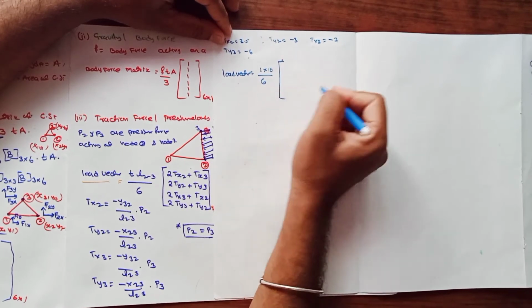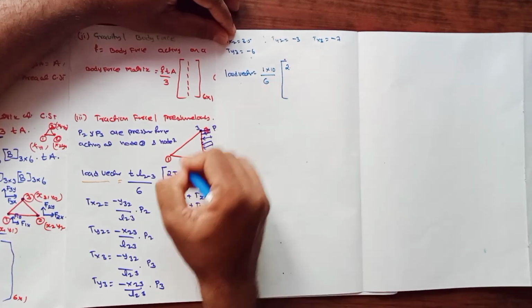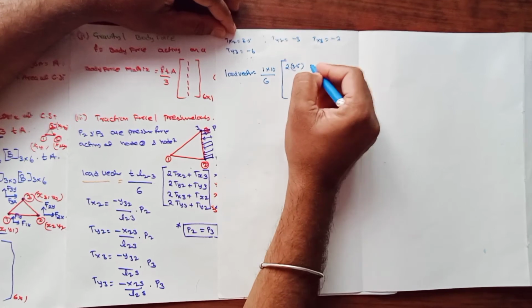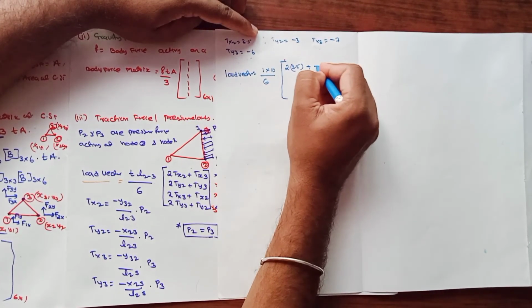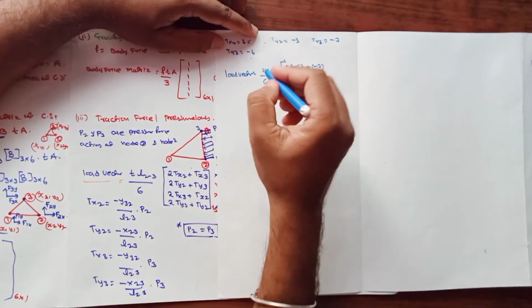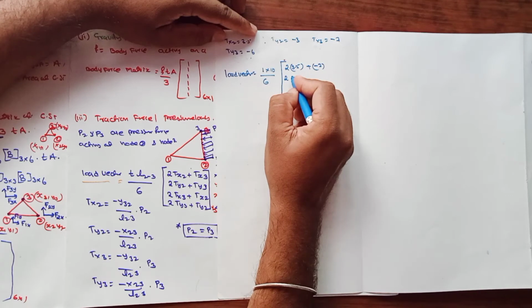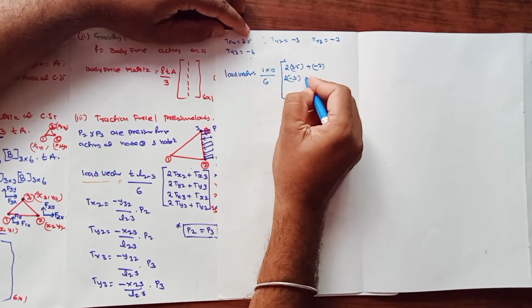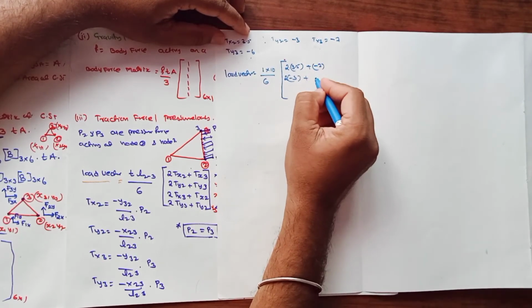Here the matrix, the first row, is 2 times tx2, which we calculated as 3.5, plus tx3, which we calculated as minus 7. The second row is 2 into ty2, which is minus 3, plus ty3, which is minus 6.